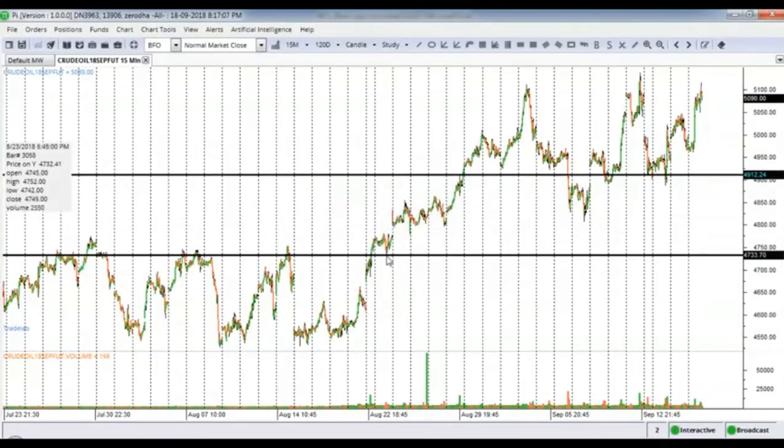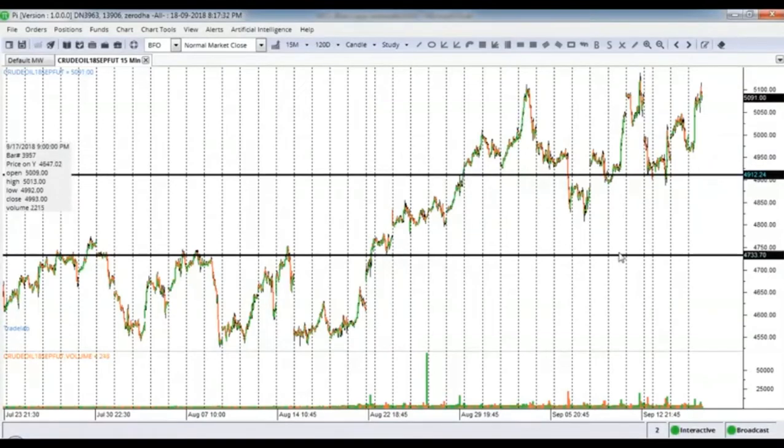This is the complete range from the previous inventory to the new inventory, right? From the low of this till the high of the 29th, this is the inventory to inventory range.